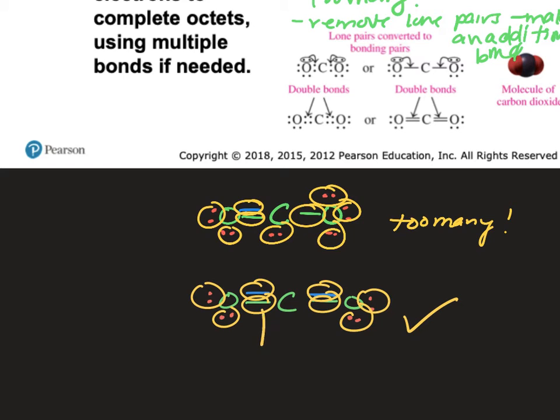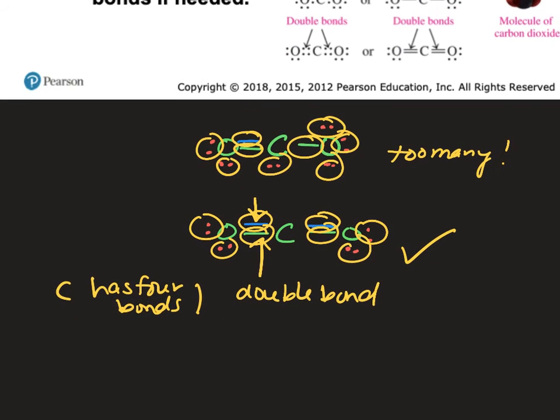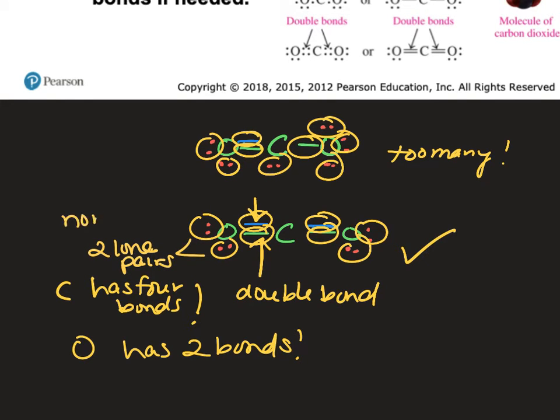So what we did here is we made a double bond where we share 2 sets of electrons. There's 2 electrons in this blue bond and 2 electrons in that green bond for 4 electrons between those 2 atoms. And you can see carbon has 4 bonds. Oxygen has 2 bonds. Okay? In addition, oxygen has 2 lone pairs. Those are those non-bonded electrons.